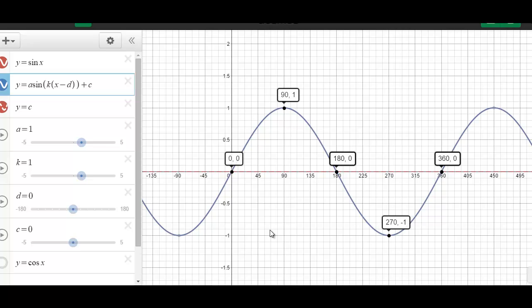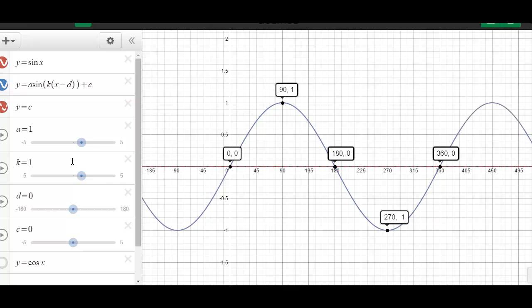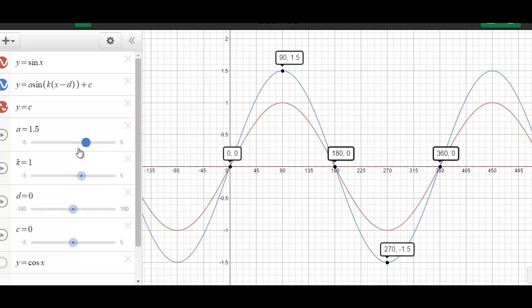But knowing we have a periodic function that has an amplitude and that has a horizontal axis and that has a certain length for its period, how do those things change depending on what our a, k, d, and c values are? Well, we've seen that if we adjust the a value, it vertically stretches our curve. Notice how the maximum point has now gone up to 1.5 and the minimum point has gone down to negative 1.5 when the a value is 1.5.